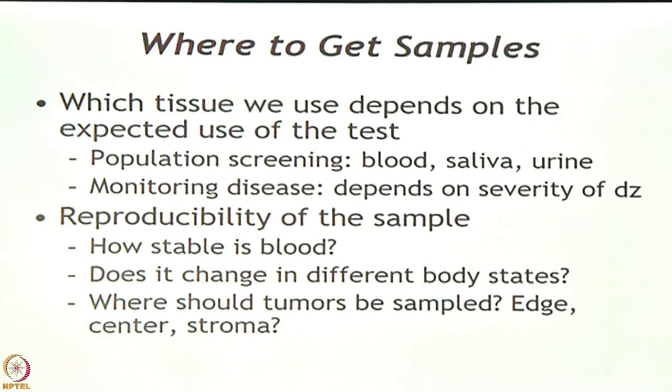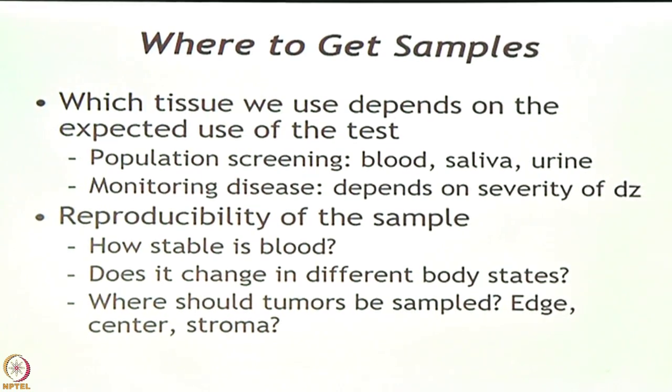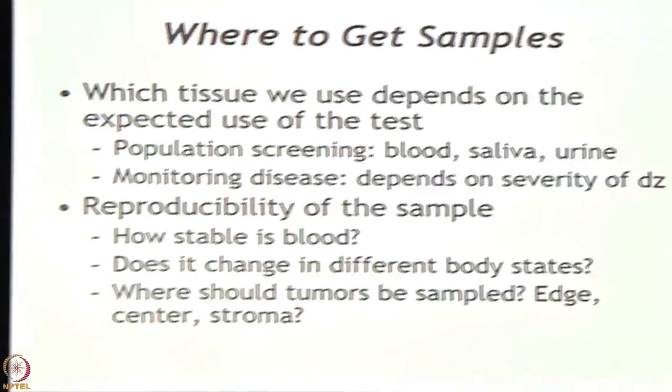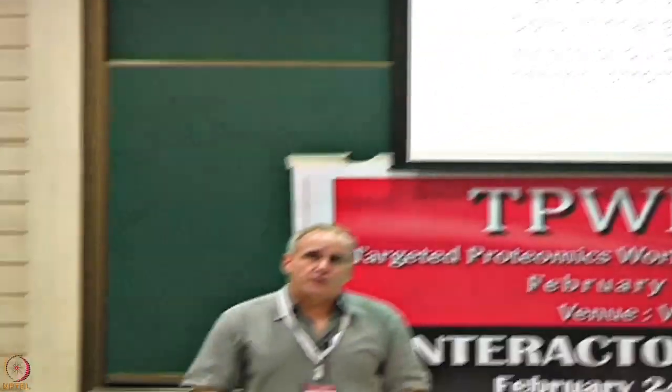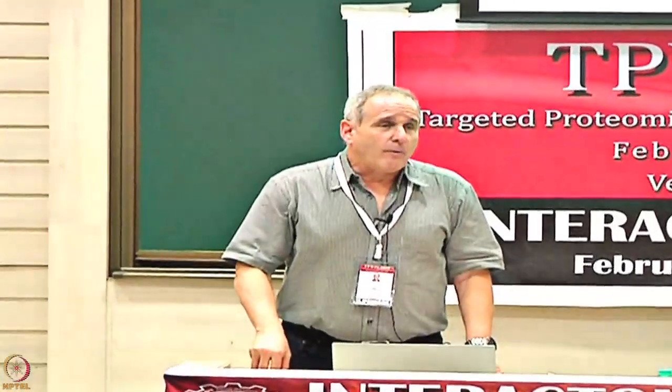Okay, the last couple things I'm going to mention is where do you get your samples. Make sure that the sample that you use is relevant for the use of the test. So imagine if you're going to do a biomarker on early disease detection. We said that you're really going to be testing a healthy population. Healthy people are not going to be interested in giving you biopsies, nor would it be appropriate to put them through that risk.